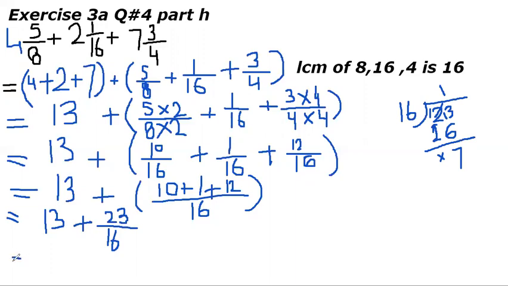Here we will write 13 plus, okay, 23 upon 16 can be written as a whole number fraction, one whole number, 7 upon 16. Okay students, you can see this is one whole number. Whole number will be added to whole number. 13 is a whole number.